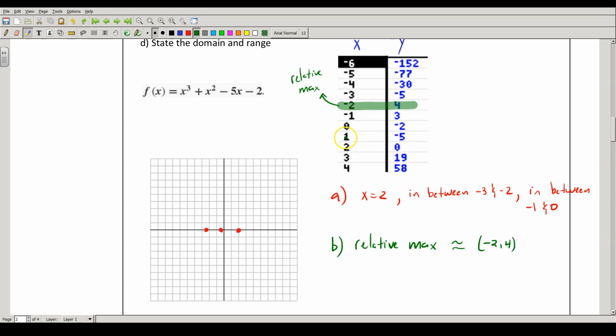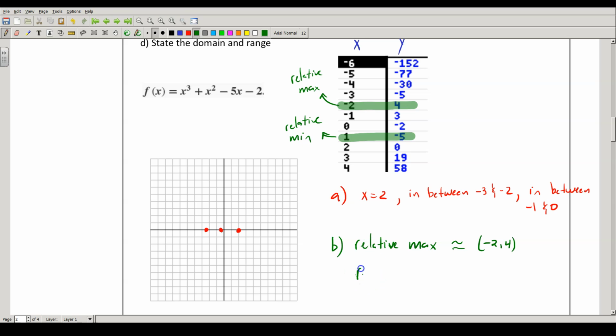So when we're looking at this, this should also pop out at you as being another kind of turning point right there at -5, because we're decreasing to -5, and then the y values jump back up to 0. So if you think about it, we're going down the roller coaster, we're decreasing, and then we're going back up. So that point that we're describing there is going to be like a low point, right? It's going to be like a relative minimum here. So I'm going to describe that point as being a relative min.